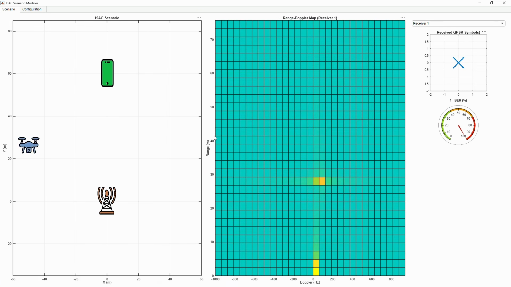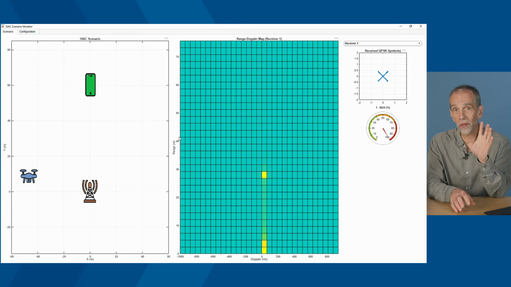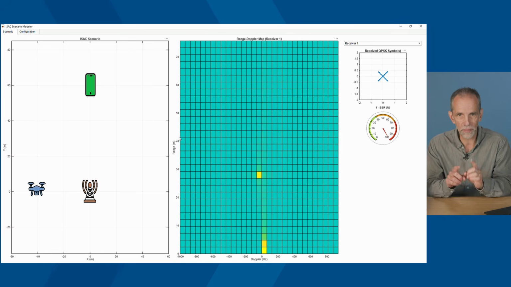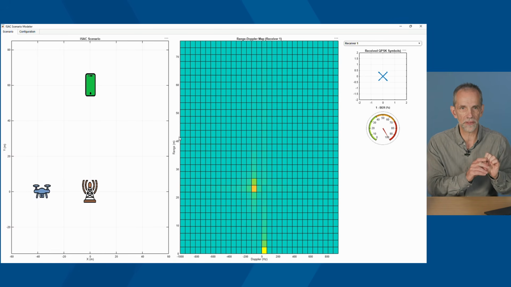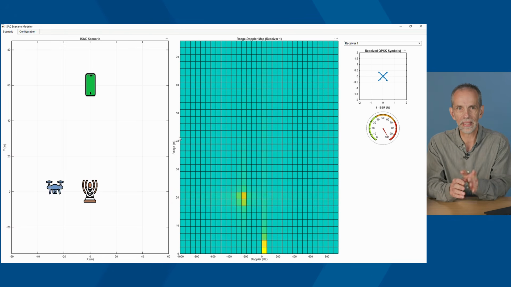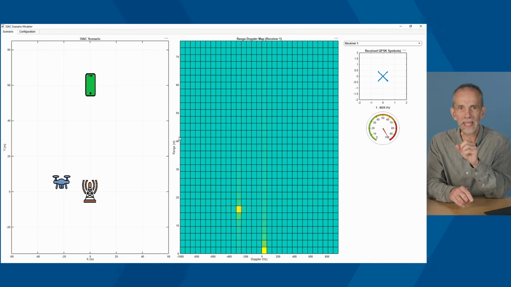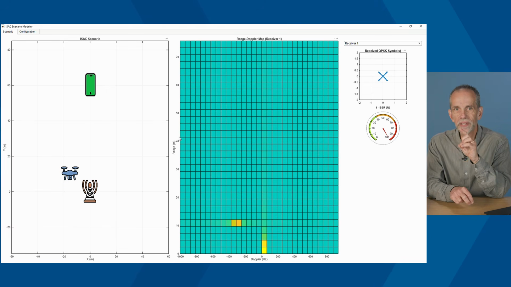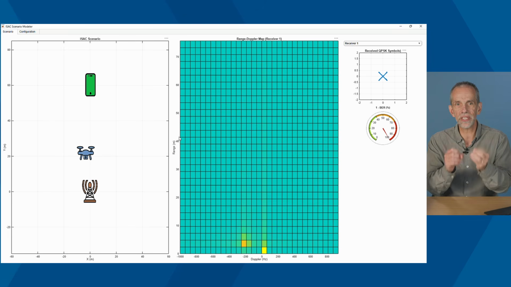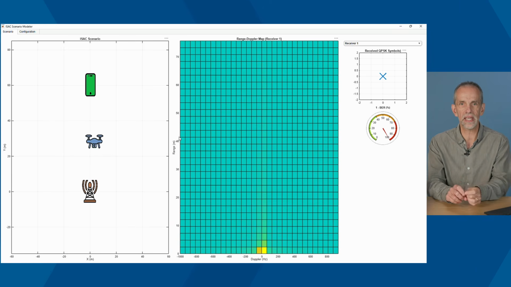Let's talk a little bit about this range Doppler plot we see in the center. It took me about 2 minutes of staring at this the very first time I encountered it to convince myself that the motion on the left corresponds to the range Doppler on the right. This is because this is a bistatic case. The UE is calculating the range and the Doppler as it sees the reflection off of the drone.